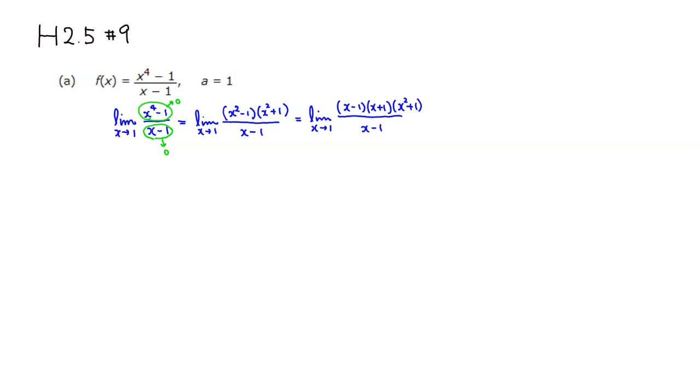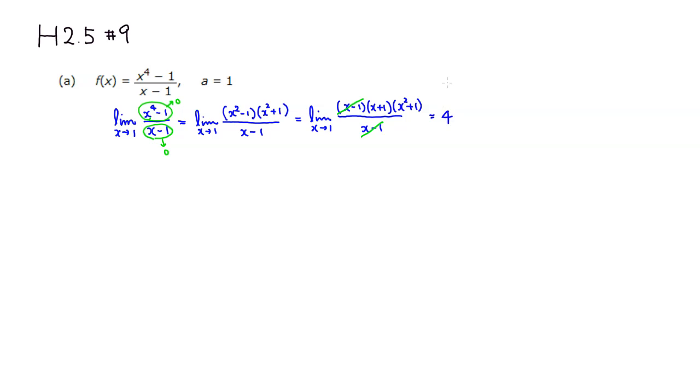So then we can cancel the common factor on top and bottom. So you have a quantity x minus 1. We can cancel those out. And then the limit is simply, right, you can just plug in 1. So it's (1 plus 1) times (1 squared plus 1). So it's 2 times 2. So it's 4.